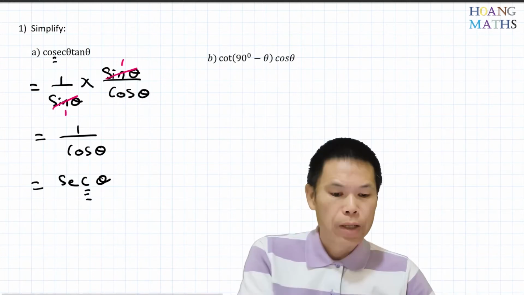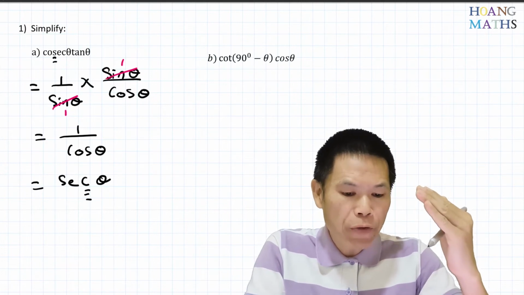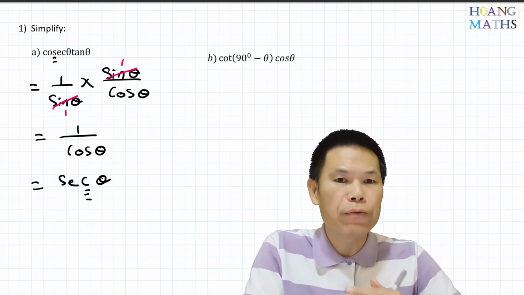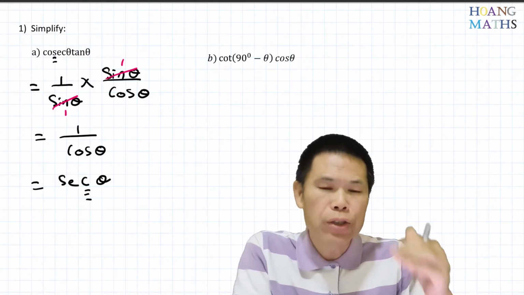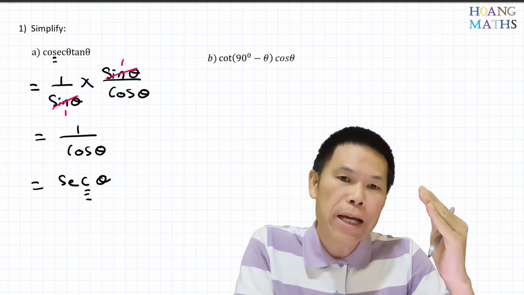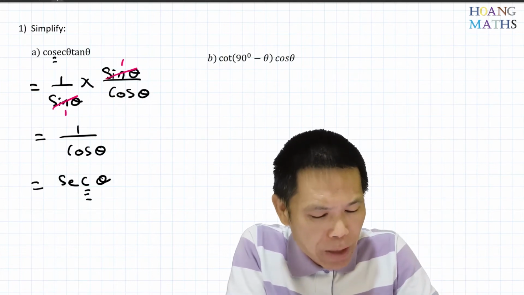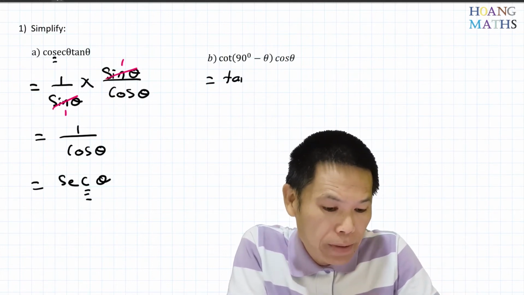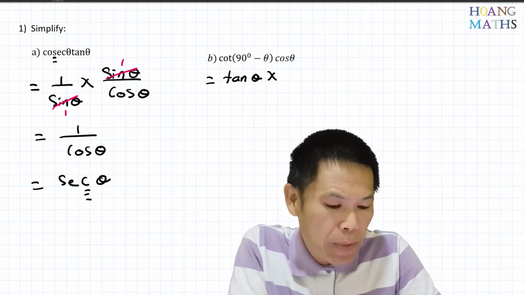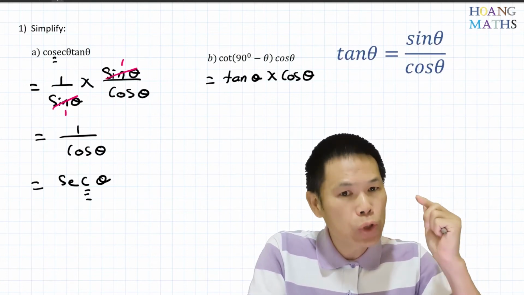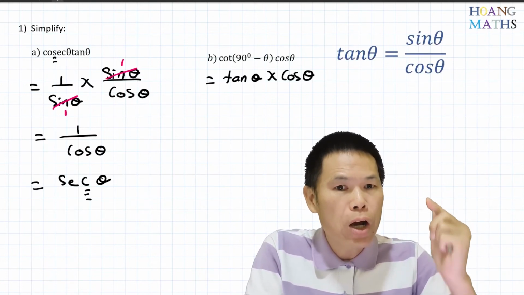Second one, so simplify cot of 90 degrees minus theta times cos of theta. So we know cot of 90 minus theta is equal to tan of theta. So that will give me tan of theta times by cos of theta. But then tan of theta is equal to sine of theta over cos of theta.